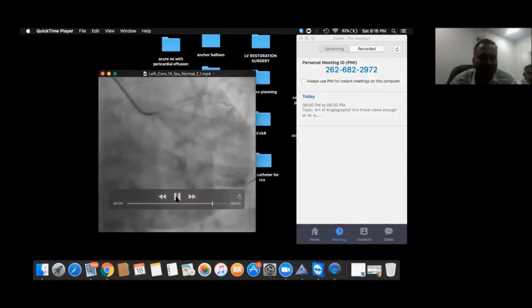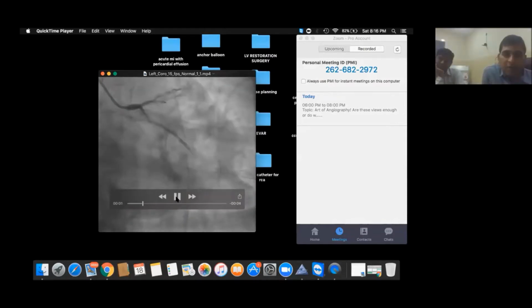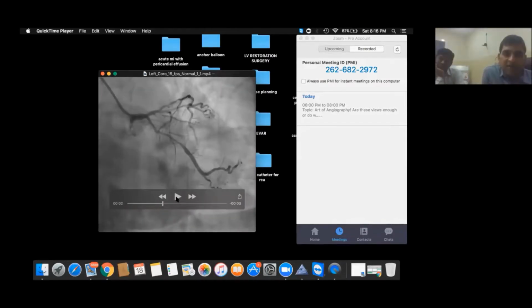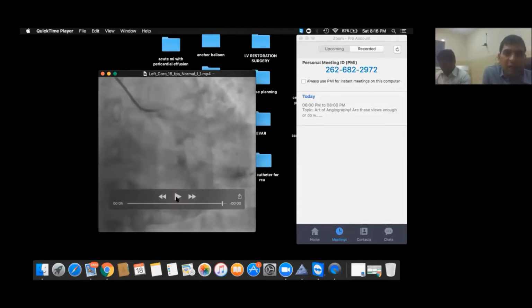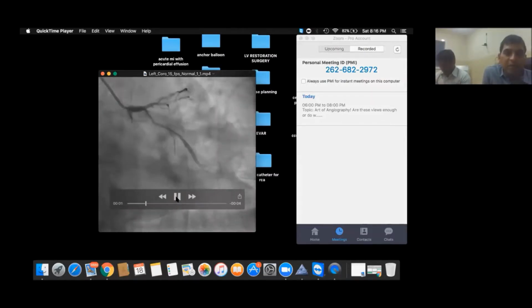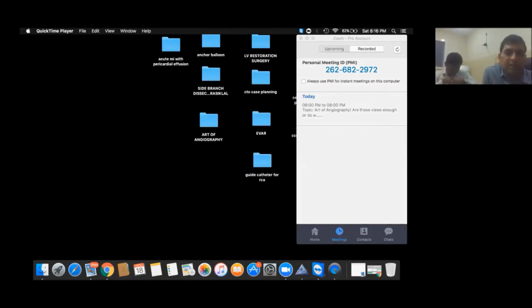So it's an RAO caudal view. There is a significant long segment lesion in LCX and OM, and in the LAD also there is a long segment lesion with a lot of calcium. So both are critical lesions. LM looks to be normal.